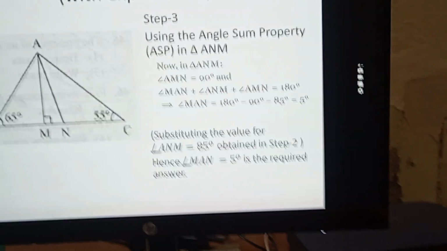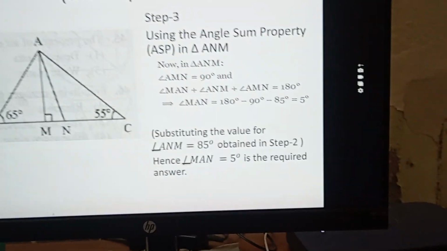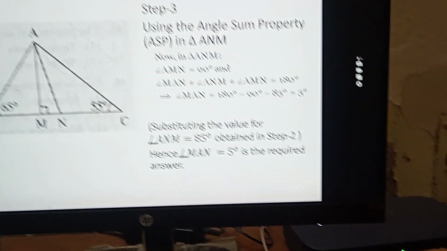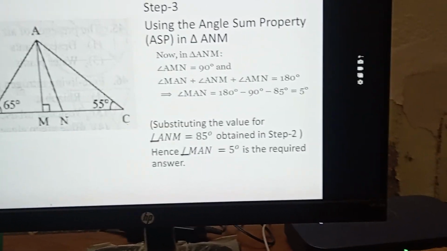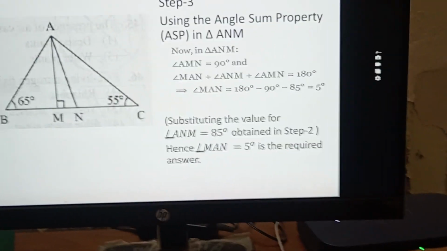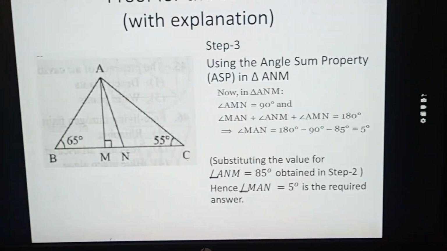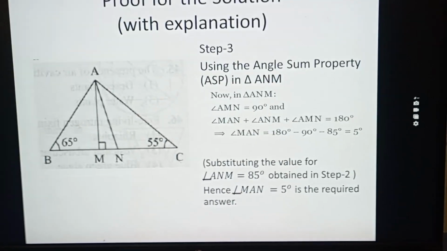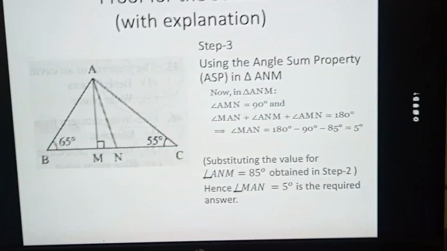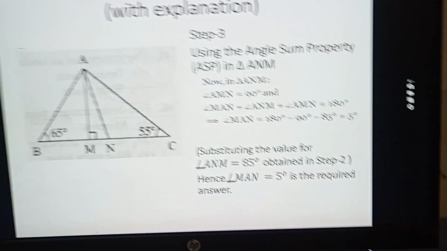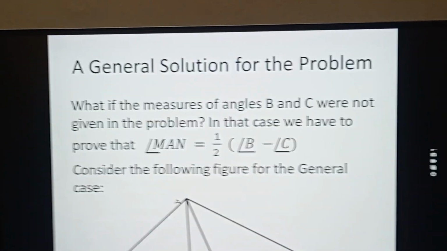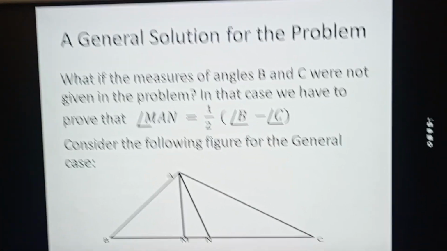Hence, we get the answer as angle MAN is equal to 5 degrees, which is the required answer, option D. This is a proof for the solution, but actually the solution has been obtained before itself as option D. This is a multiple choice question. Now a general solution for this problem.